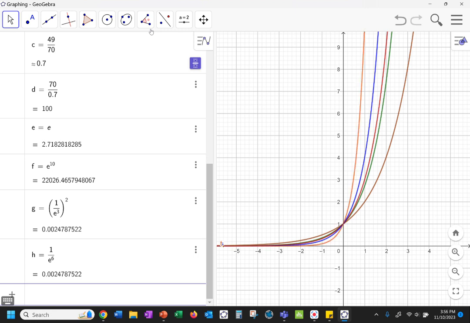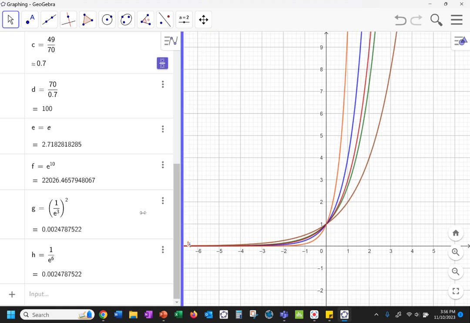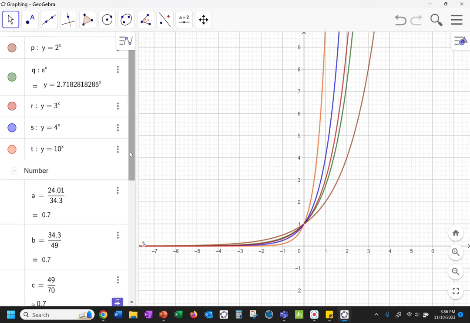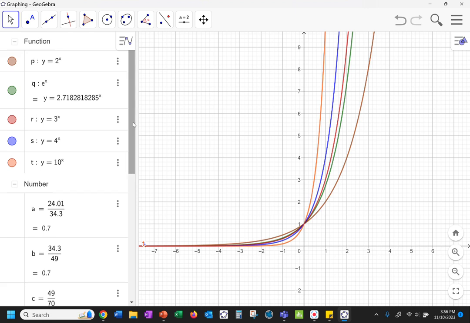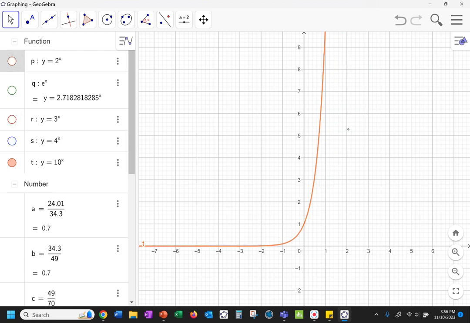As we put these on here, hopefully you noticed that as the base got bigger, my graph got steeper and steeper on the positive side of our Cartesian plane. Where x is positive, here's 2, and here's 10.